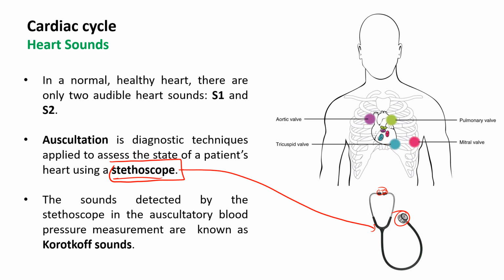Anyways, so S1 and S2. Remember, S1 is the louder one, and occurs in systole. If it occurs in systole, that means the valves that are closed in systole are the tricuspid valve and the mitral valve.